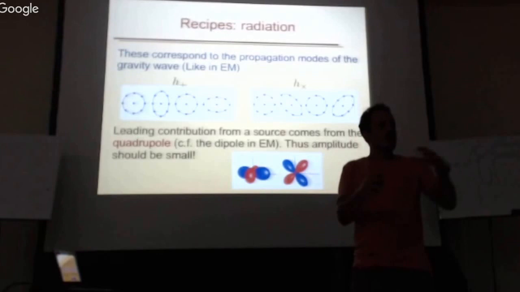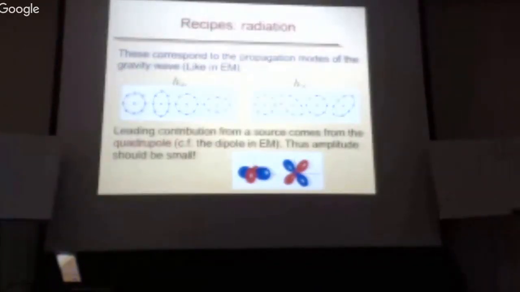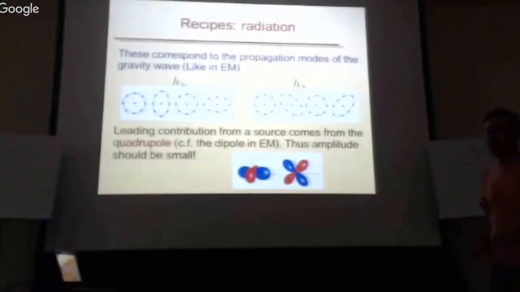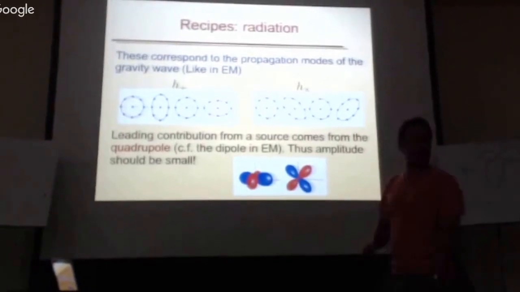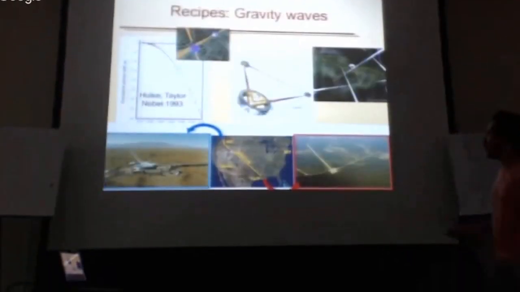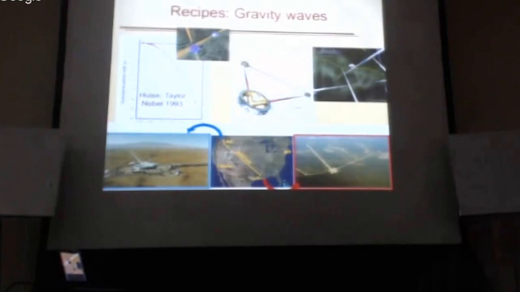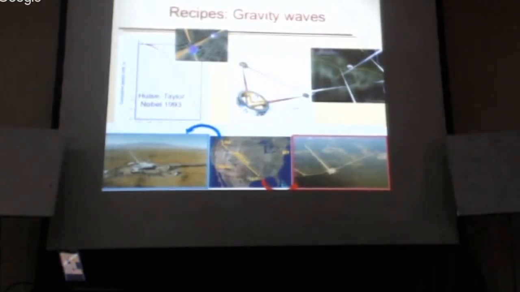So we need to have some configuration of mass that looks like this. And it has to change in time. So when we do that, we can produce a gravity wave. The problem is that then the gravity wave amplitude is very small if we compare it with an electromagnetic wave. And that's why it took us 100 years to actually see it.